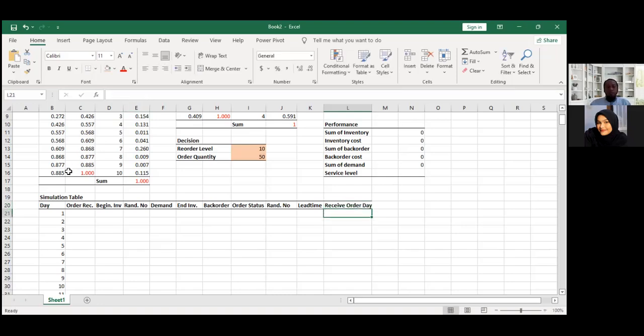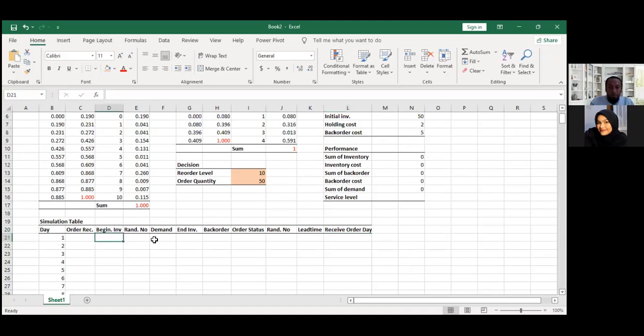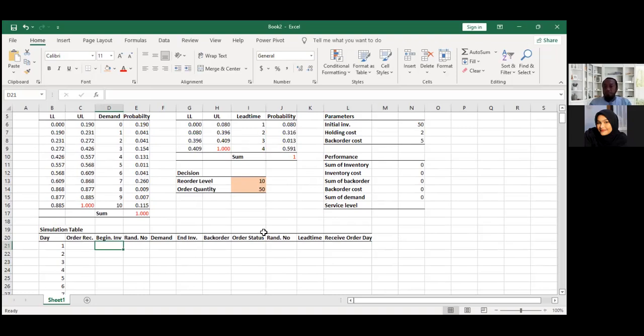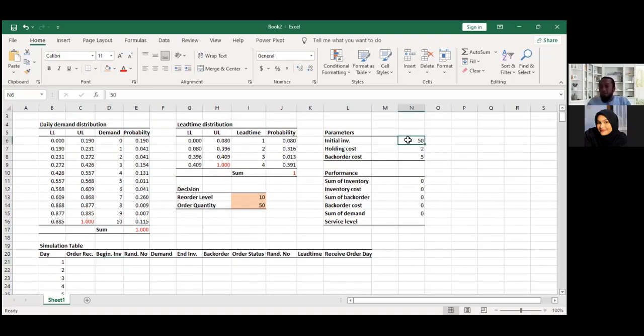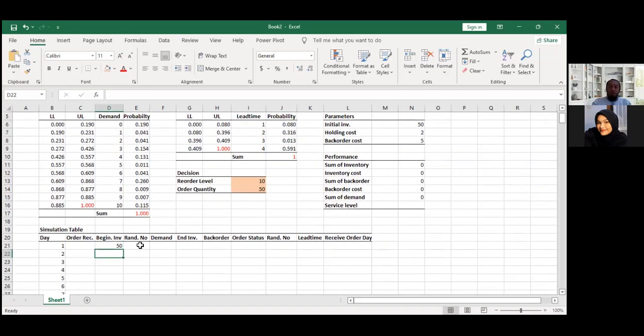Okay, so now we start from here. The beginning inventory. At the beginning, we need to refer to the initial inventory. At the beginning we have 50 units. So here we just type equals the initial inventory. Simple. Okay, and after that, for the random number, we can use RAND.